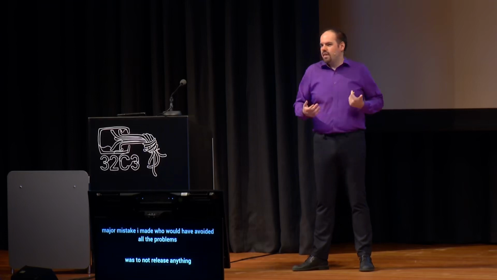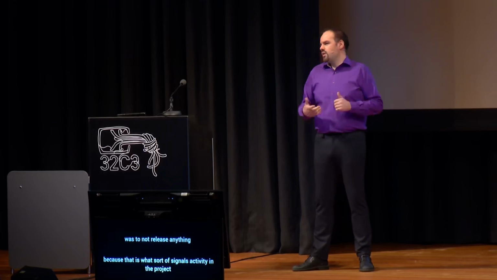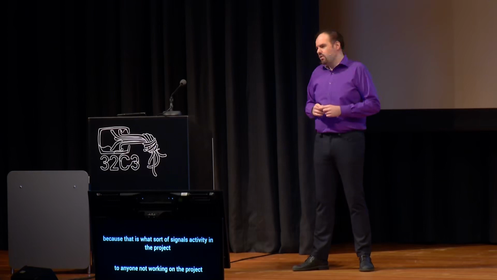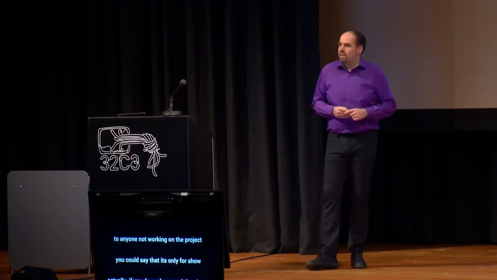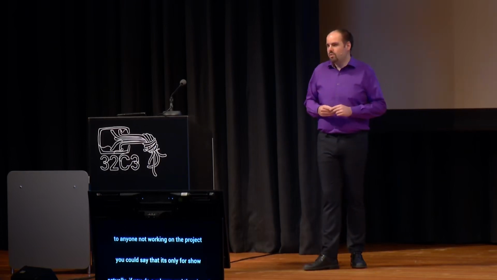You could say that it's only for show, and actually if you do a release and there's nothing much that has changed, then that's perfectly fine, as long as you send out a heartbeat and make sure that people know that the project is still moving forward, even if there's nothing really happening.